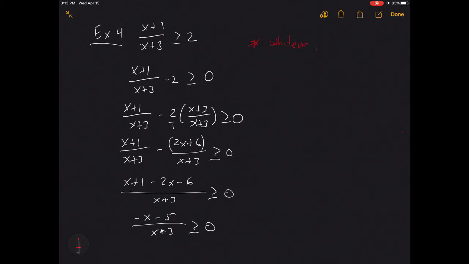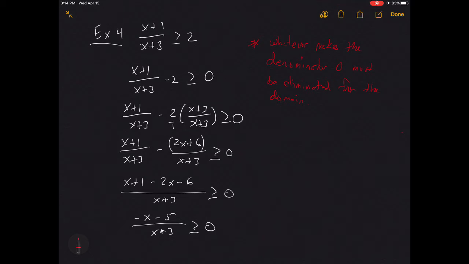Whatever makes the denominator 0 must be eliminated from the domain. What that means in the final solution is there will never be a solid bracket around whatever makes the denominator 0. It's always going to have a parentheses.